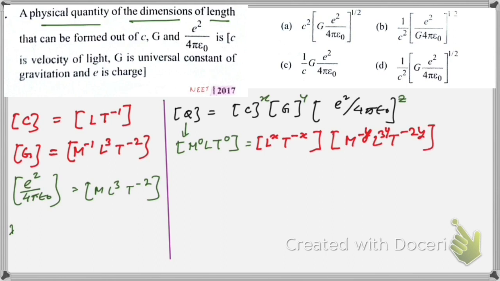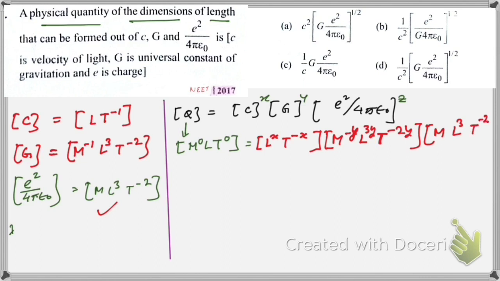Let me write this one here, just wait. A bit of adjustment here. Let me write it properly: L to the power 3Y. That's what we will get. Then this one, M to the power 1 L to the power 3 and T to the power minus 2, right?